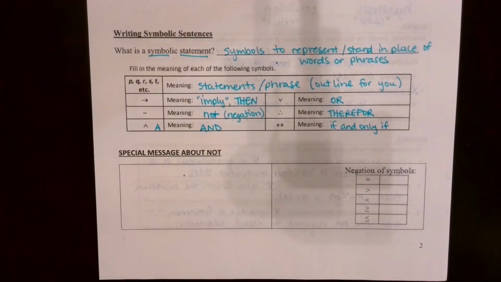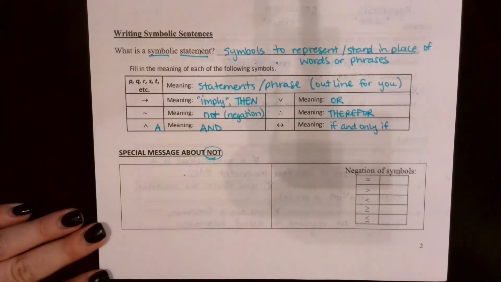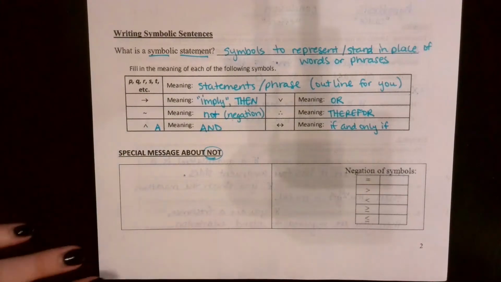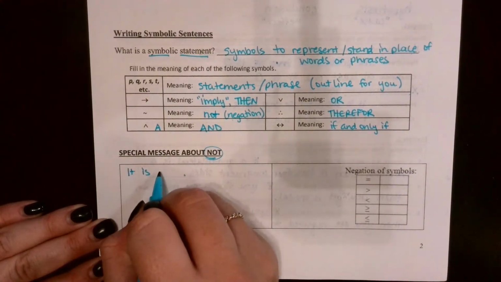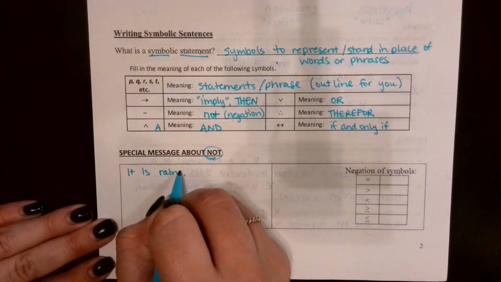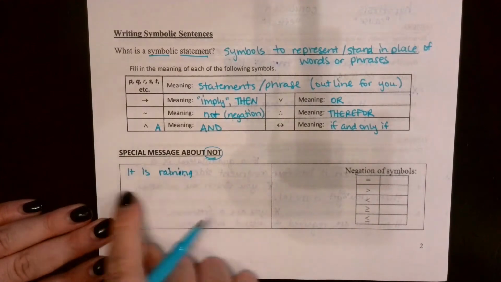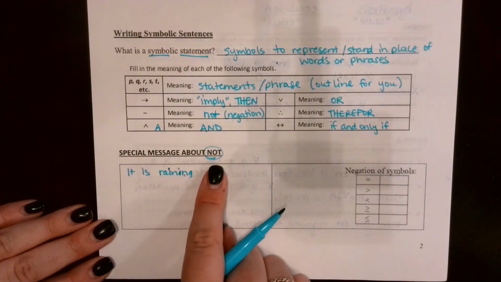Before we move on and start writing statements in symbols, let's take a minute and talk about the word not. Not doesn't necessarily mean we get a little squiggle like this. Take the sentence, it is raining. It's raining outside, right? There's no not here.